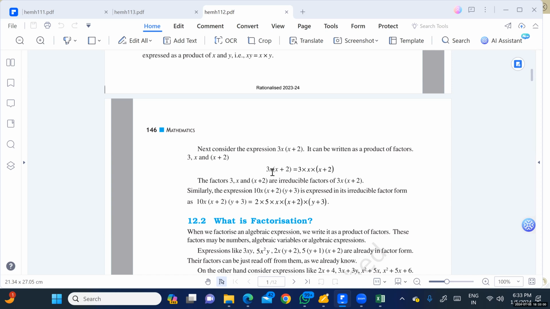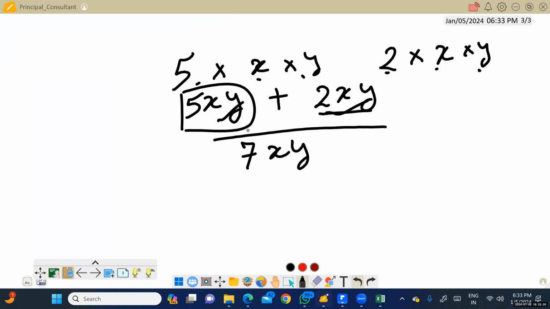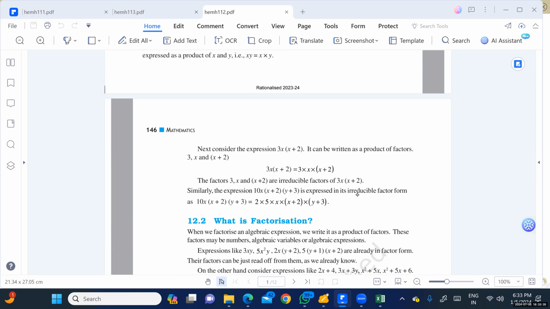Can you write this, Utkarsh? We can write this as 3x, x plus 2.